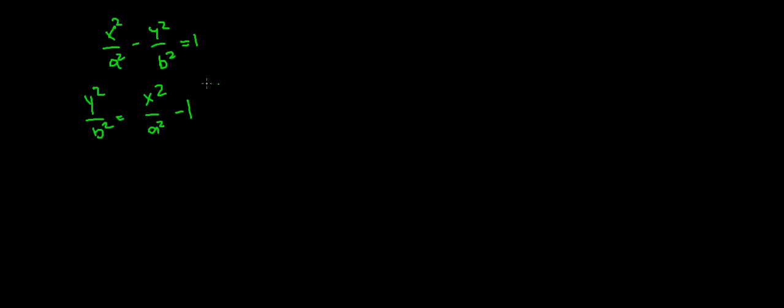I'm going to multiply by b squared. My ultimate goal is to get all the x's in as many denominators as possible, so I can get rid of them. Otherwise, if I take the limit going to infinity, it won't mean anything.